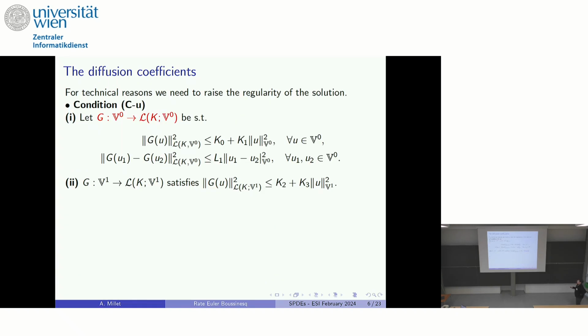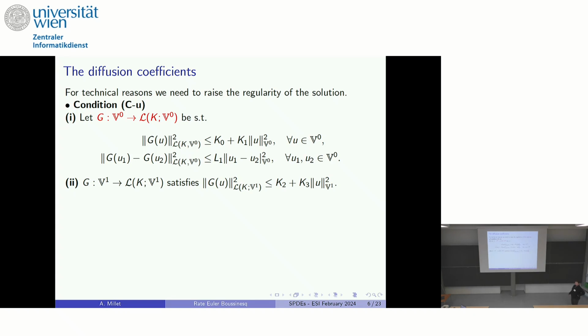Okay. Now, what are the assumptions on the diffusion coefficients? In fact, I will have two sets of assumptions. The first one is kind of natural. Since I started with true Brownian motion on K, I'm just going to suppose that G(u) is linear from K to V0, and I'm imposing both conditions, which are at most linear growth and globally Lipschitz conditions.